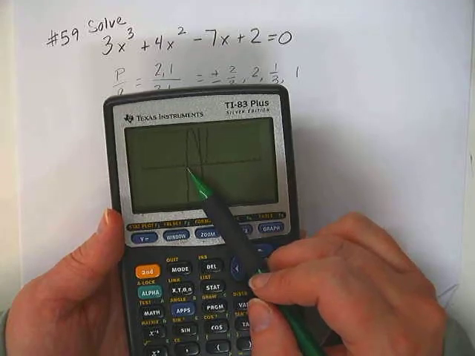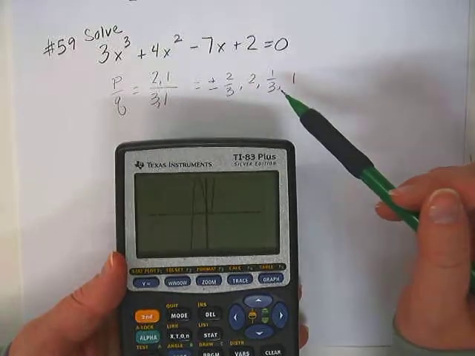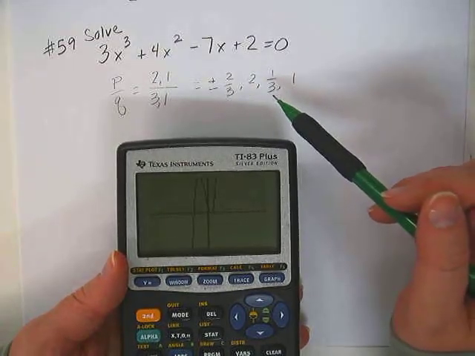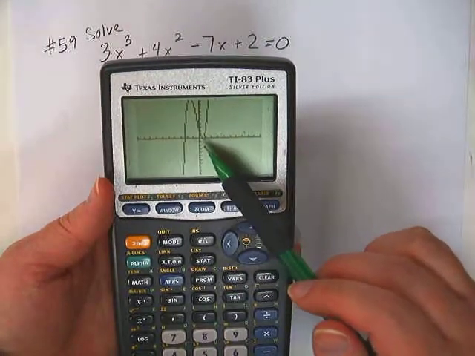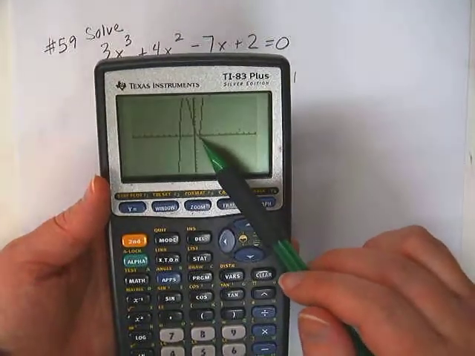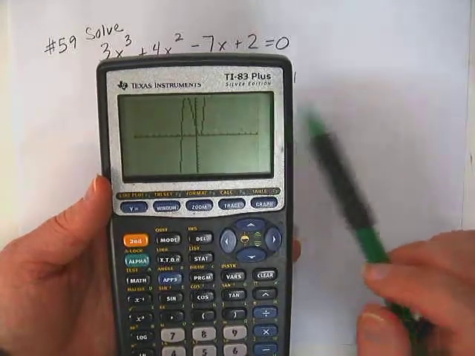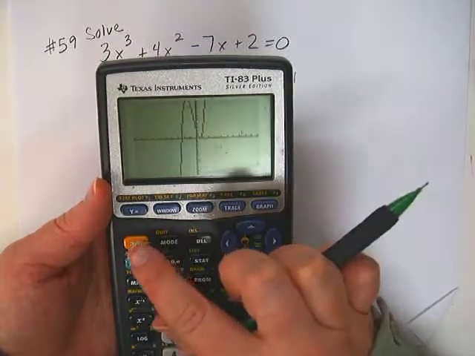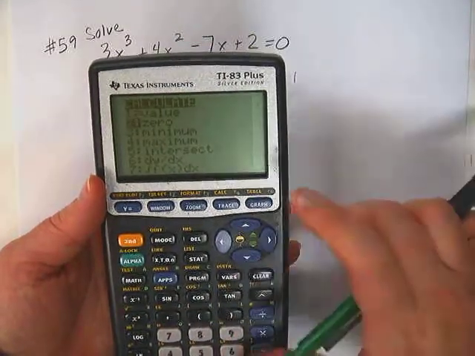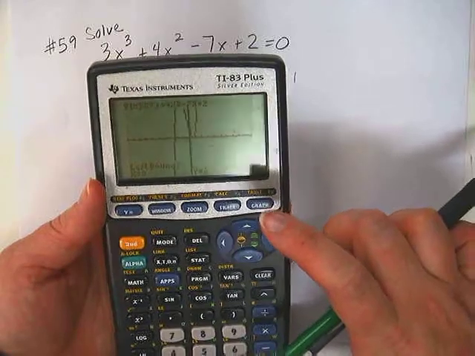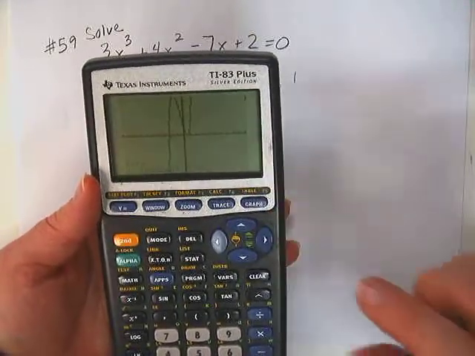And we can see that it's going through a point that's like -2 point something. Are any of these numbers going to be a -2 point something? No, they're not. So that must be an irrational answer. And then over here we have it touching a point that looks like it could be 3/2. If you're not sure, you can actually go second calculate, and you can tell it to calculate the 0 for you.